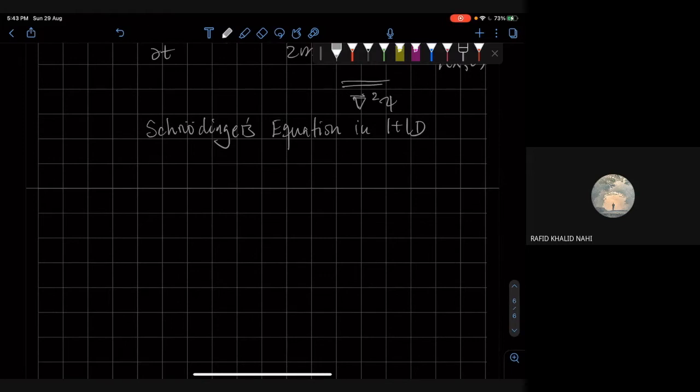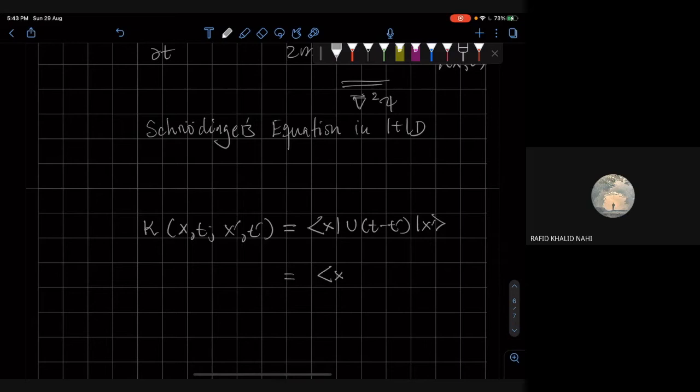That I wrote at some point that K of x, t, x prime, t prime is equal to x U(t minus t prime) x prime, equal to x(t) x prime(t prime), right? Is that it? Yes, sir.